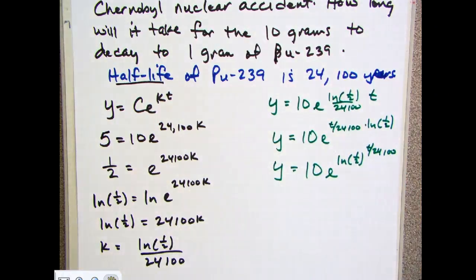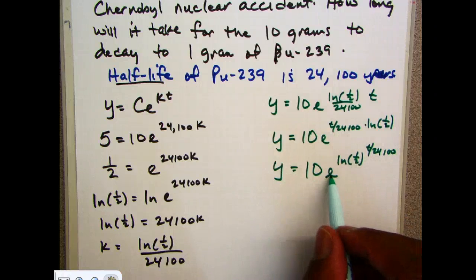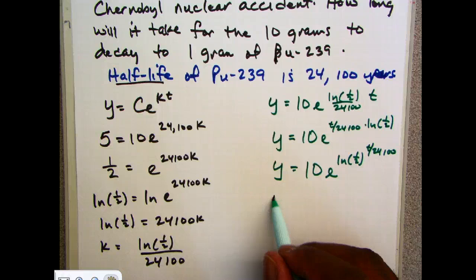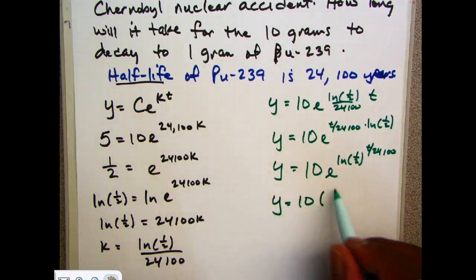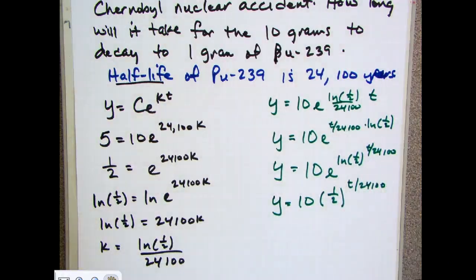Remember, a times natural log of b is natural log of b to the a. So we're using the power property of our logs there. Well, e and natural log are inverses, so we're going to end up with y is equal to 10 times 1/2 to the t over 24,100.